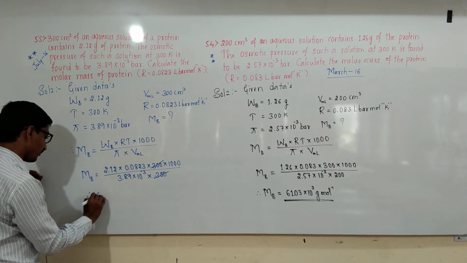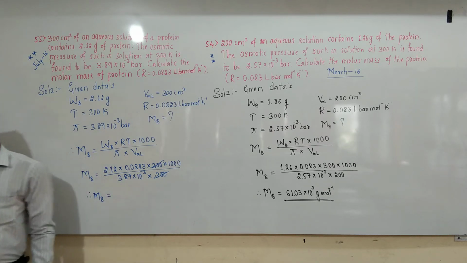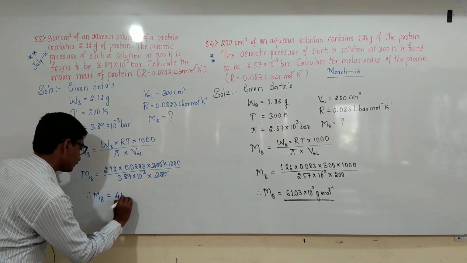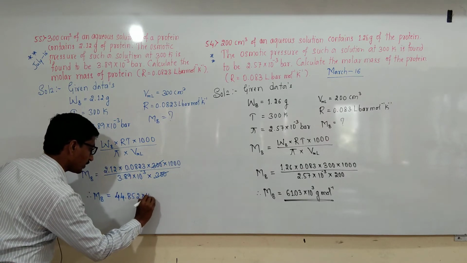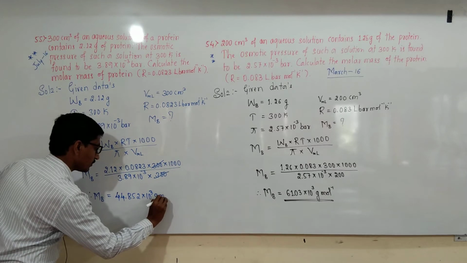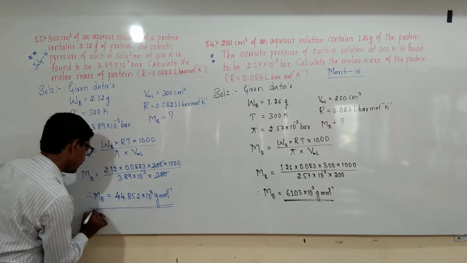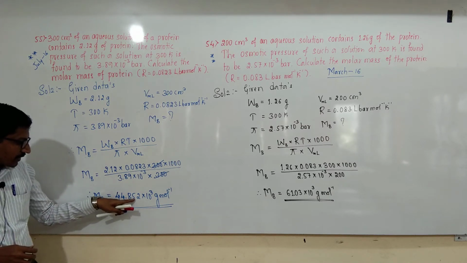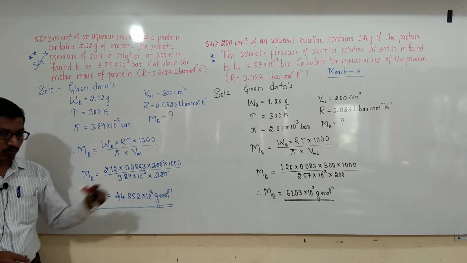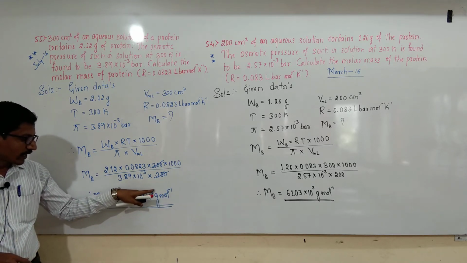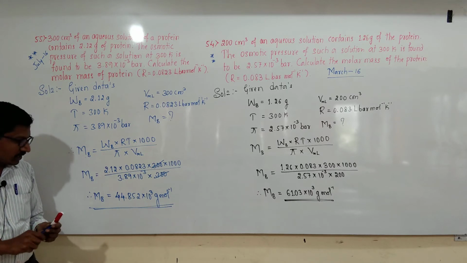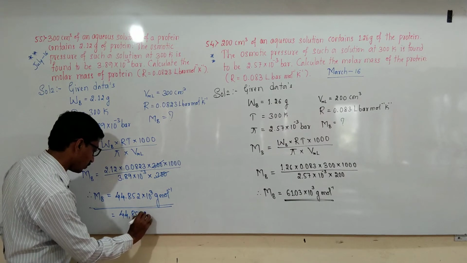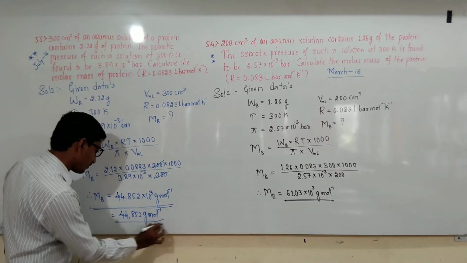Therefore, molar mass of protein is 44.852 into 10 raised to 3 gram per mole. This is the molar mass, or otherwise it is 44,852 gram per mole, or 44.852 into 10 raised to 3 gram per mole is the answer.